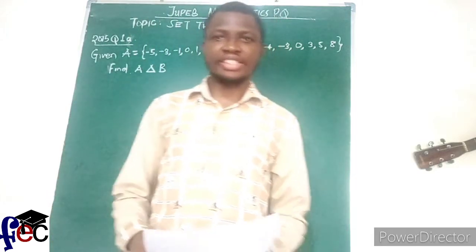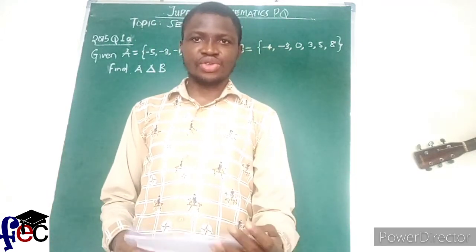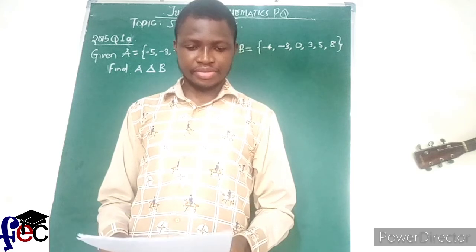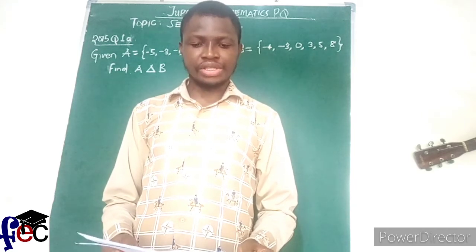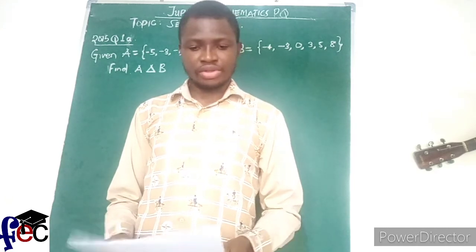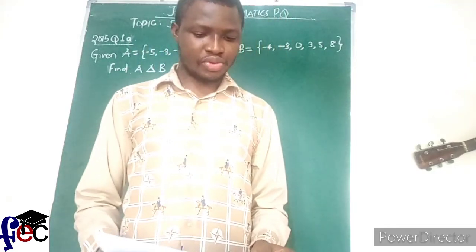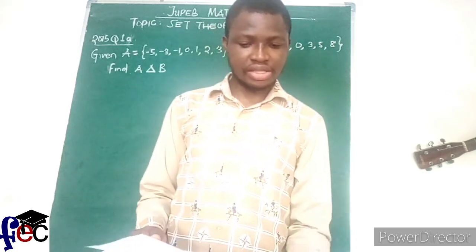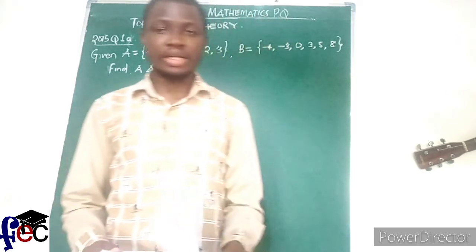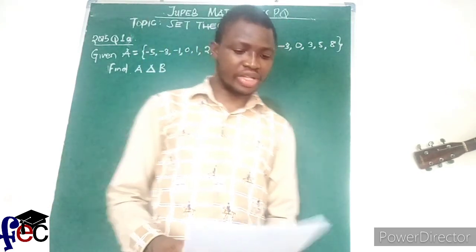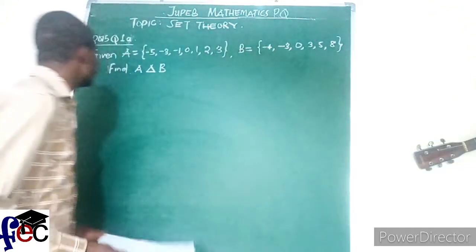Today we'll be looking at some questions on set theory and considering JUPEP question 2015, question 1A, 1B, and 1C. So let's take the first part, question 1A on set theory.